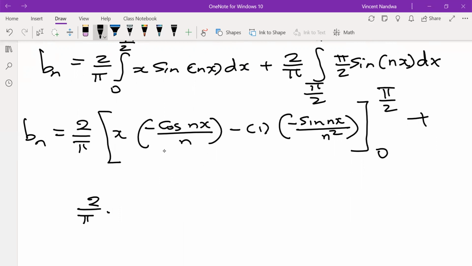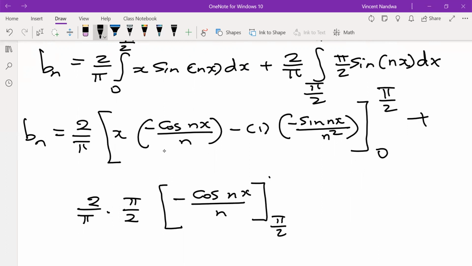Then we can multiply by pi over 2, which is a constant, times minus cosine of nx divided by n. Limits are from pi over 2 to pi.